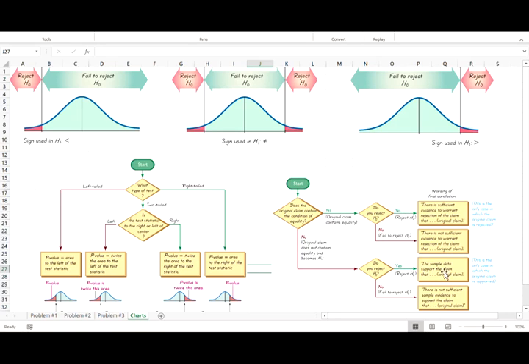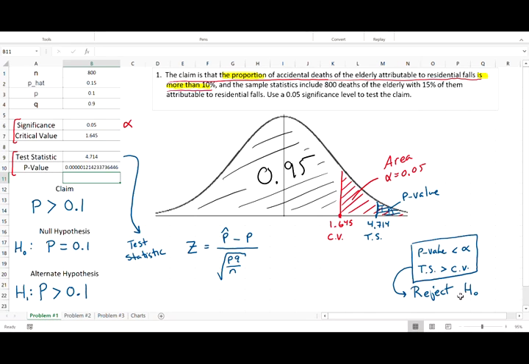Yes. So that puts us here. So the final answer is the sample data supports the claim that the proportion of elderly that die due to a fall is greater than 10%. Okay, so remember this. Answering this question, do we reject the null hypothesis, yes or no? This is the step before the final answer.